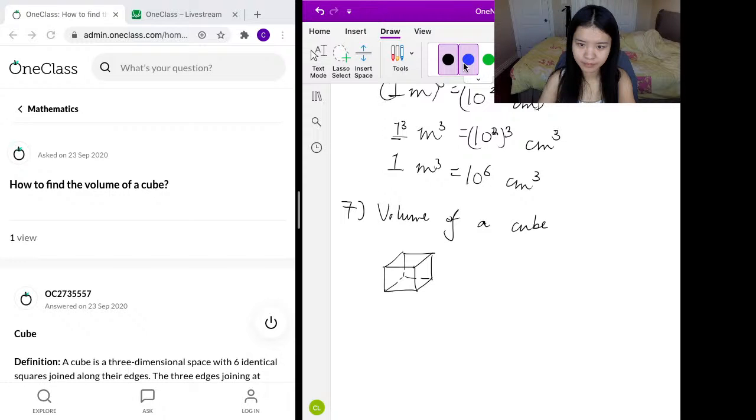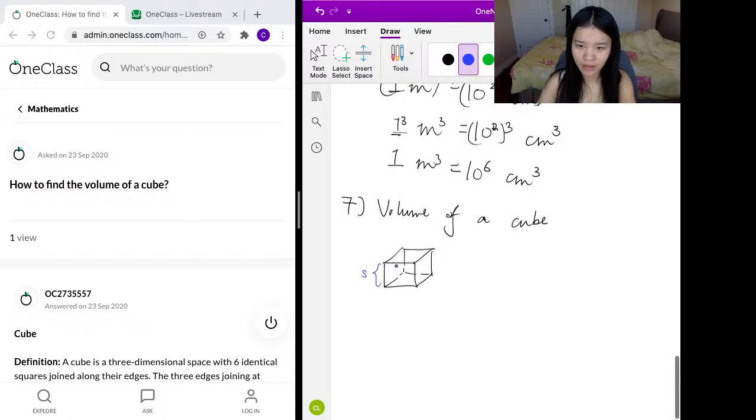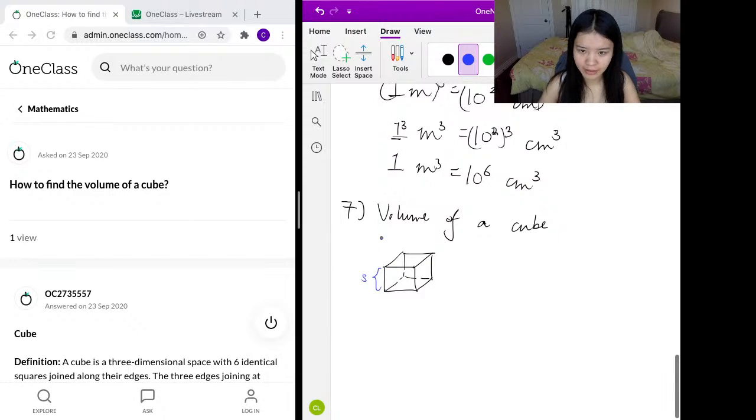It's 3D. Let's say each side is S, and all the sides of a cube are equal to each other. In order to find the volume, we just multiply the base times the height.